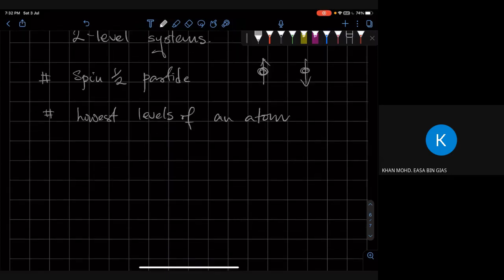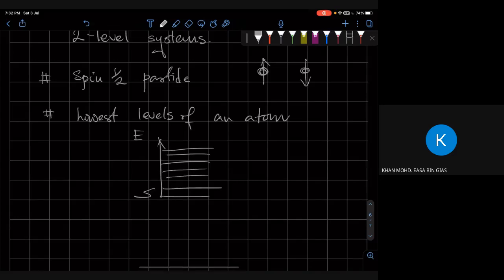Okay, so for example, if you have an atom, suppose that it's got some energy states, and then suppose that you say, okay, I'm going to take the lowest energy state, which is, say, E0, and then the first excited is E1.